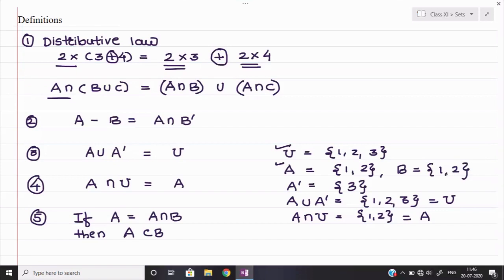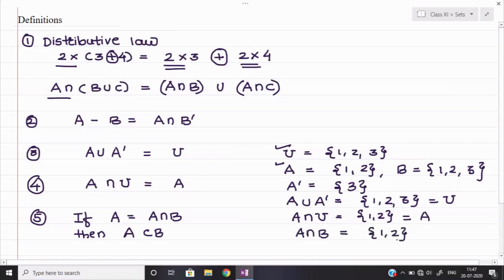We'll take the example in such a way. Suppose I take B is equal to 1, 2, 3. Now you judge. Observe, suppose A is equal to 1, 2 and B is equal to 1, 2, 3. If I ask you the value of A intersection B, you will say A intersection B is equal to 1, 2, which is equal to A, right?